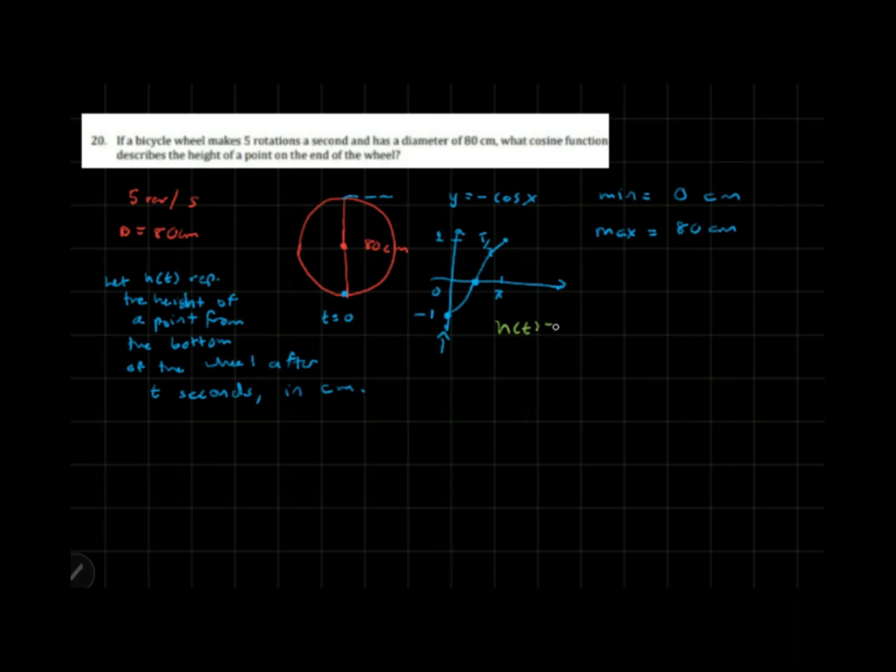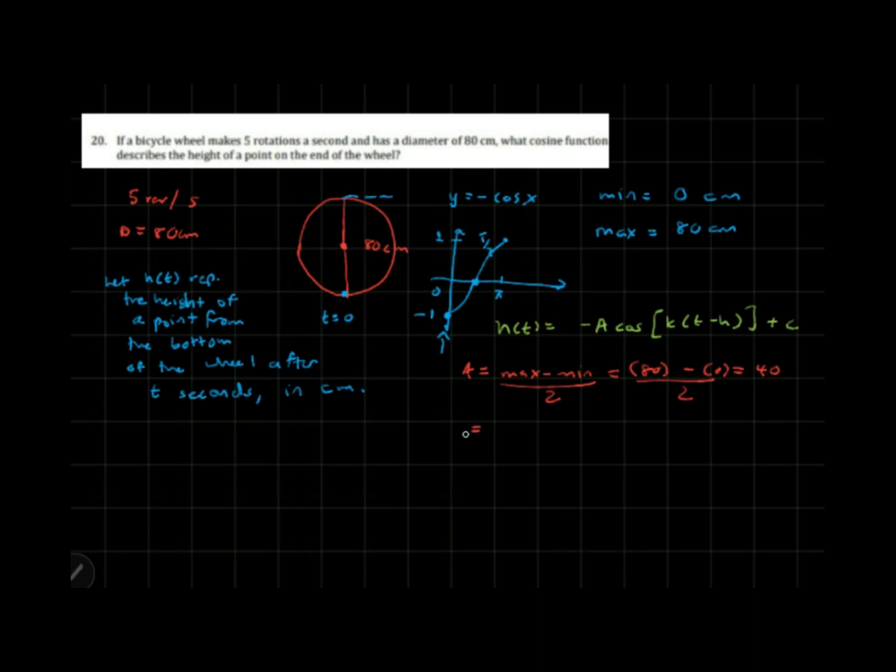H of t here is equal to negative a cosine of k(t minus h) plus c, right? And the amplitude here, a, can be written as the maximum minus the minimum point divided by 2, which is basically 80 minus 0 divided by 2, which is 40.